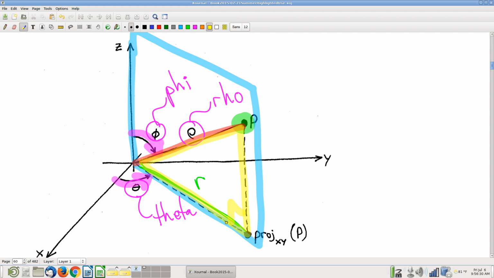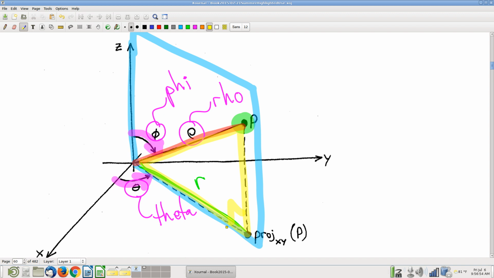So r is measured horizontally as a distance from the origin to the projection instead of from the origin to the point itself. It works very importantly differently from r, because it's a different distance. So we have to distinguish between them for that reason.